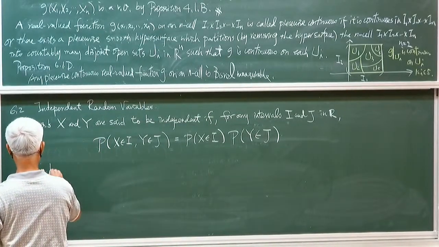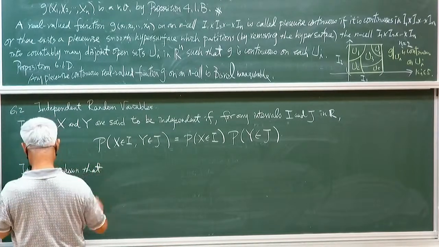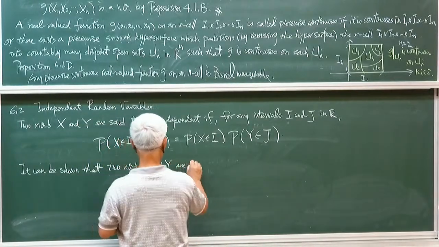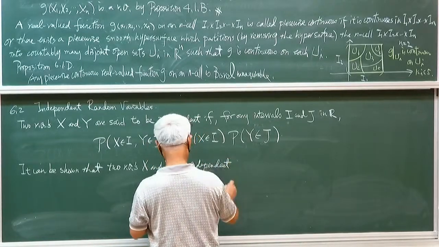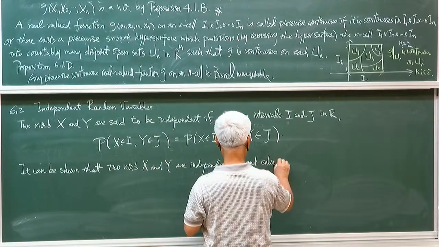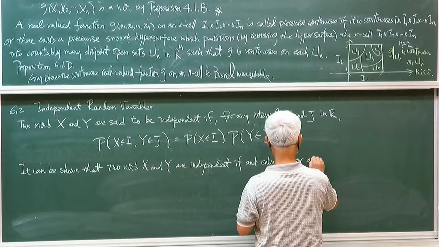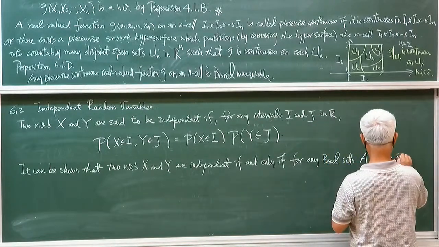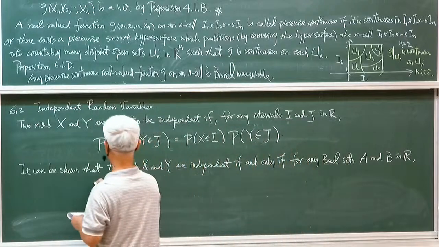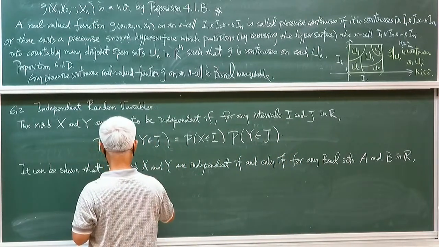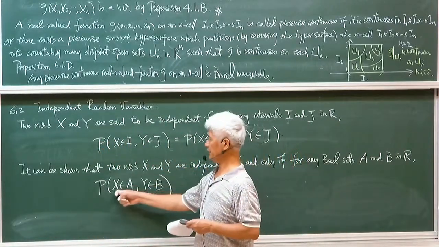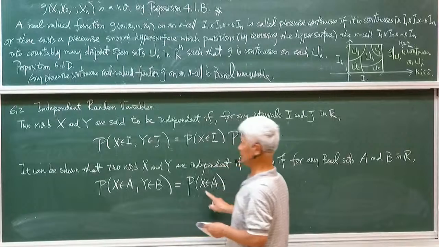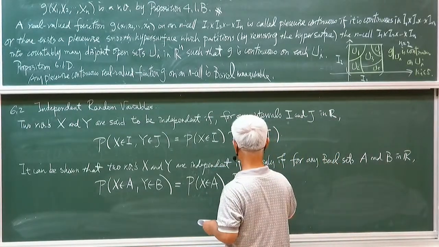And it can be shown that two random variables, X and Y, are independent if and only if for any Borel sets A and B in R, the joint probability that random variable X has value in A, random variable Y has value in B is equal to this probability times this probability.